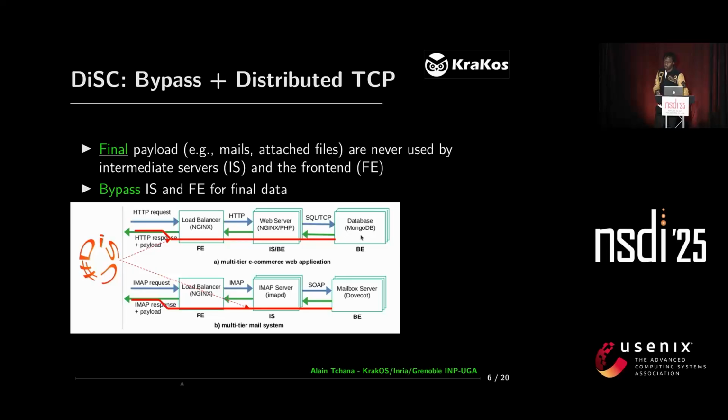If we know that some data will not be used by the intermediate servers or the front end, we want to send the data directly from the backend through the same TCP connection which has been established between the client and the front end. We use the same TCP connection, but share it with another server. This way, we can reduce the CPU load on these servers.